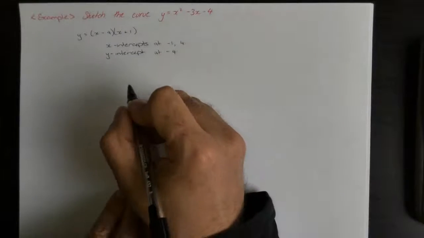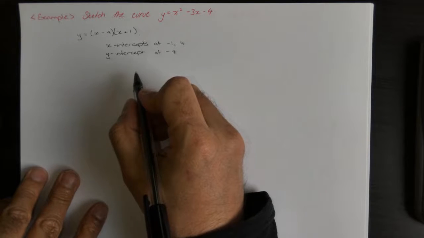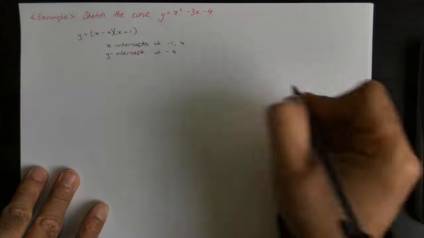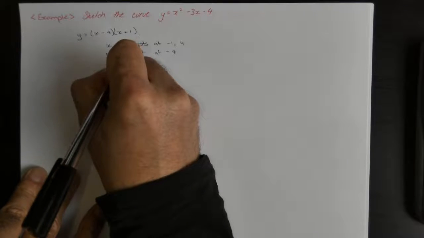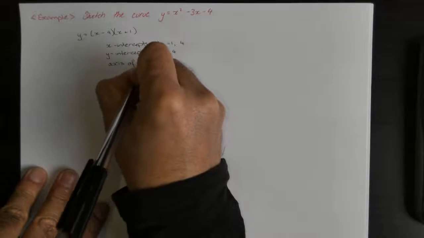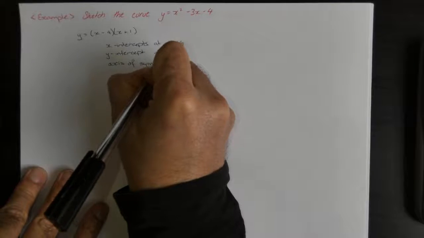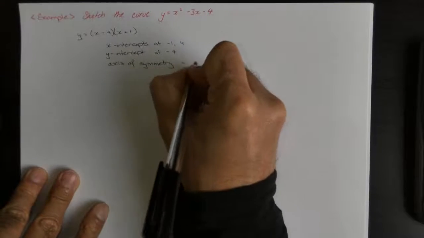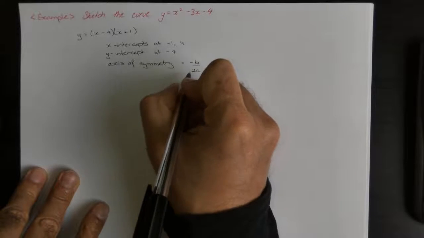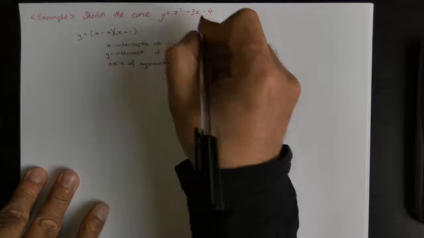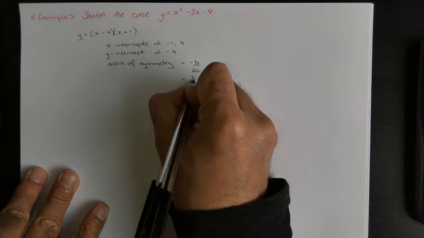Okay, so we already have some idea. We know it's a parabola. We could find the axis of symmetry, which, from memory, has the form minus b over 2a. So that would be 3 on 2.